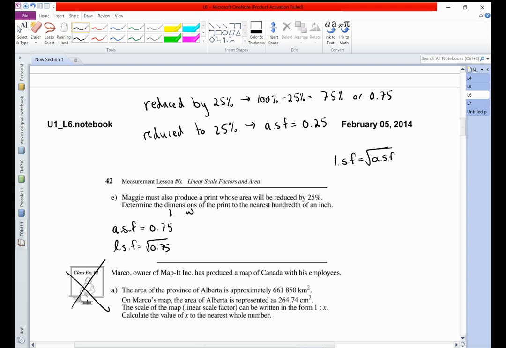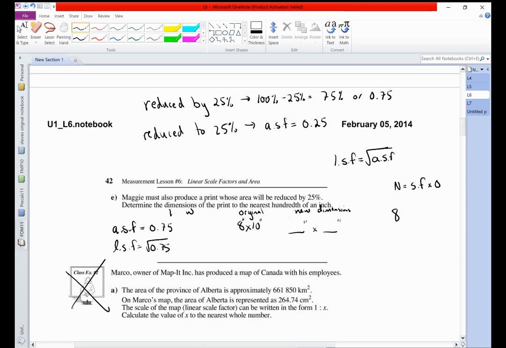So the original dimensions are 8 by 10, and we're trying to find the new dimensions. So something by something. If we're looking for new, we know that new is equal to scale factor multiplied by original.